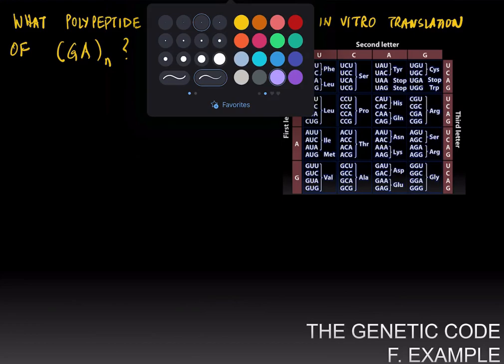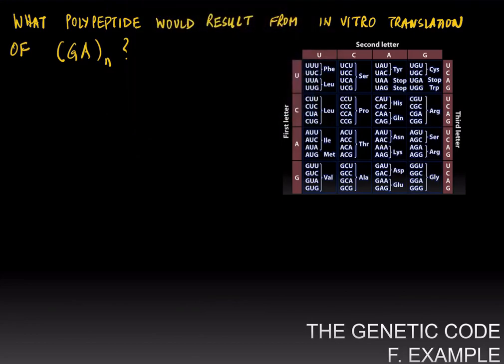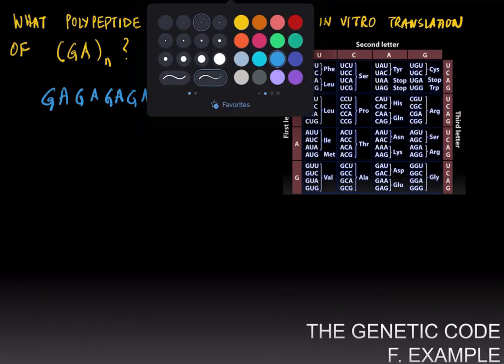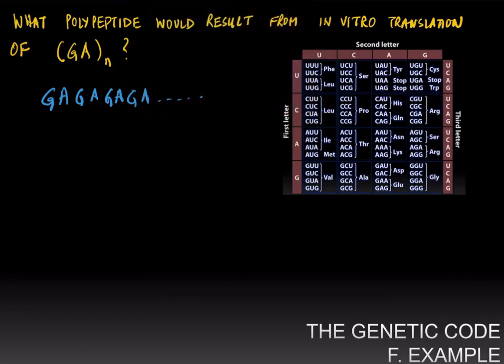And in this case, the message will look like this: GA, GA, GA, GA, and so on. So if we look at the first reading frame, that's going to give us GAG, then AGA, then GAG, and so on.